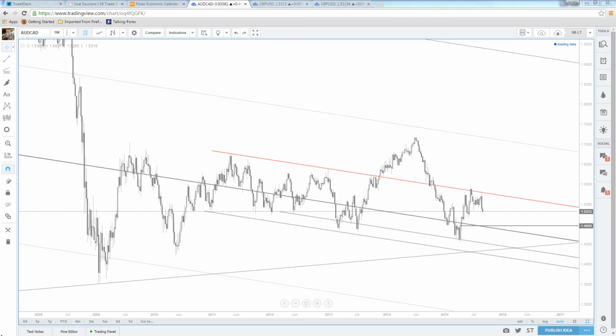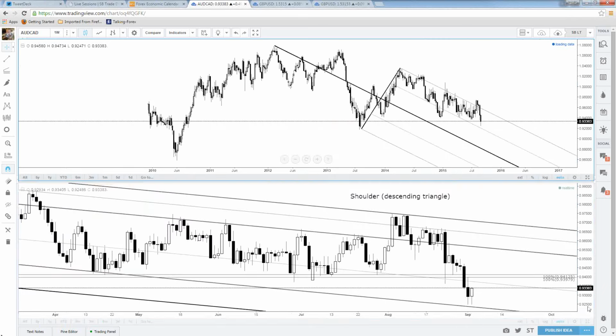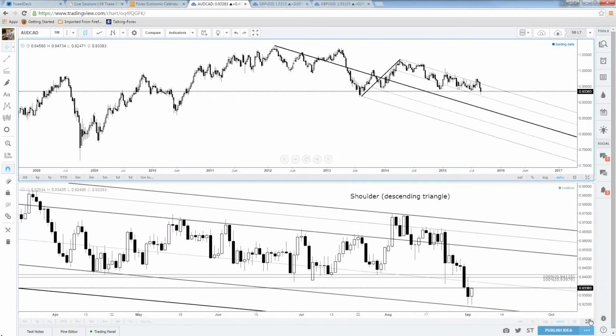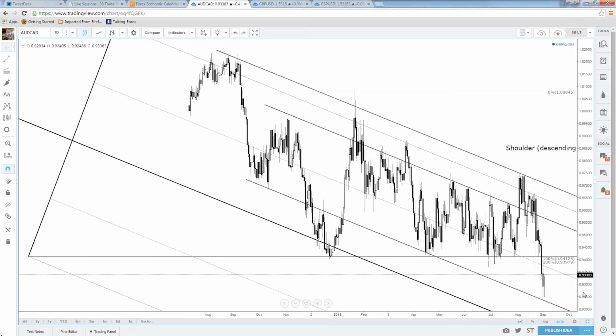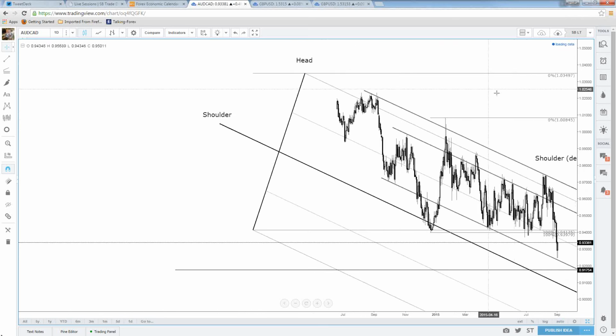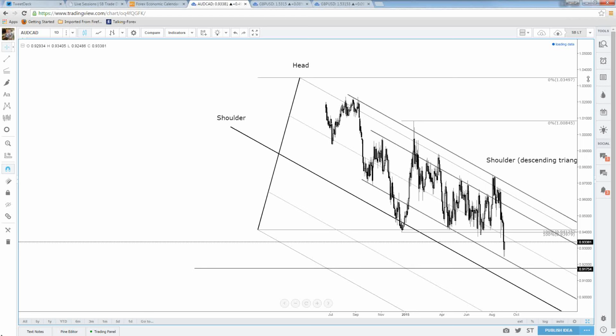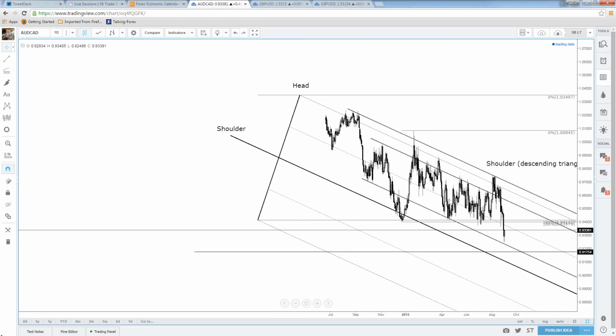One sec here while it loads. All right, so you haven't missed anything on Aussie Cad, Raj. Okay, first of all, remember this chart that was published 2 days ago.